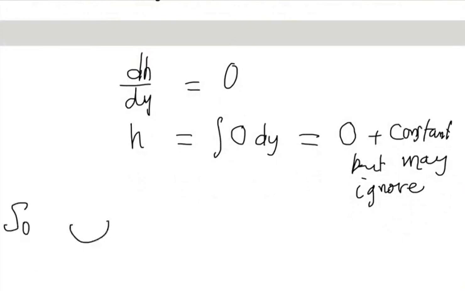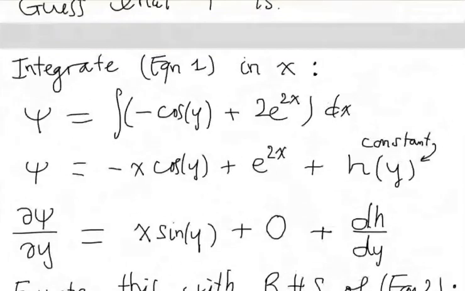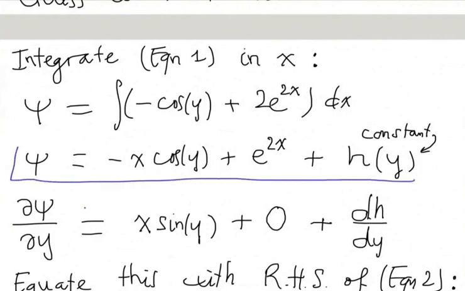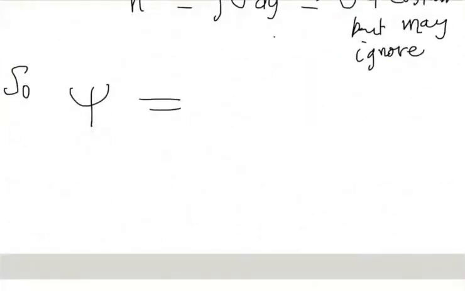So we have found our potential function psi as, go back here, psi is minus x cos y plus e to 2x plus h of y. And we found below that h of y could be taken to be 0. So psi is just minus x cos y plus e to the 2x.